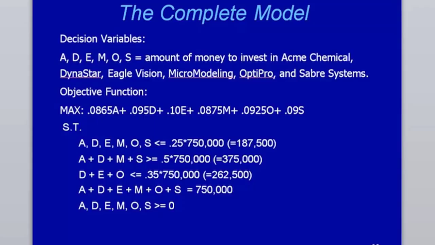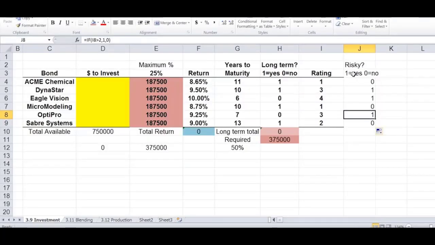That's the same as what we put here, D, E, and O. Okay, so the formula is if this rating value is greater than 2, return 1, otherwise return 0.